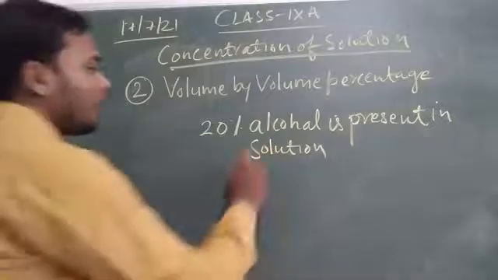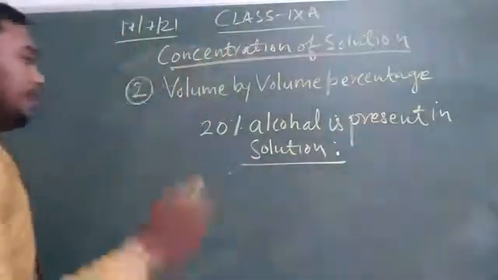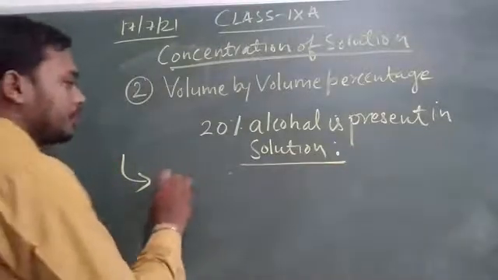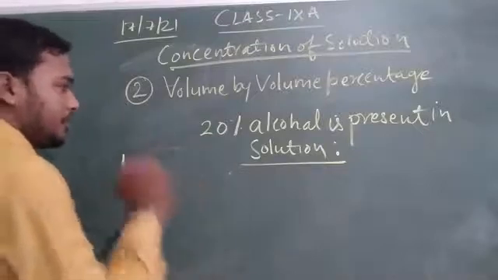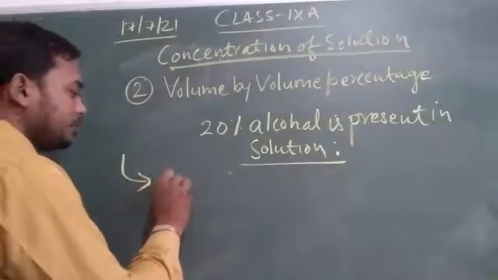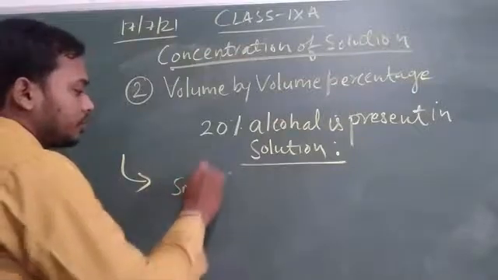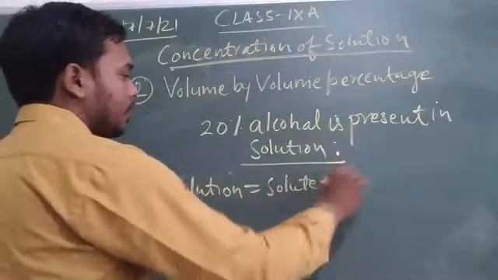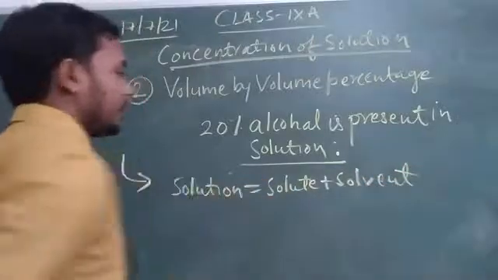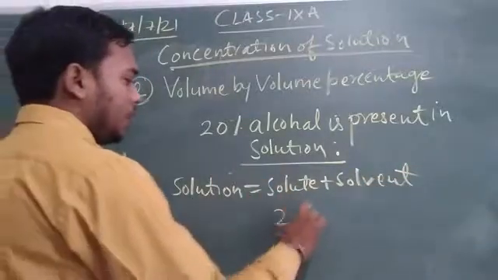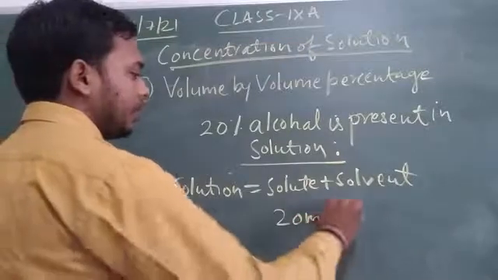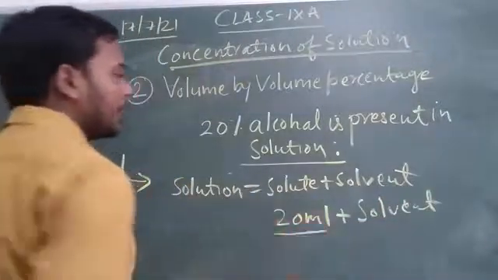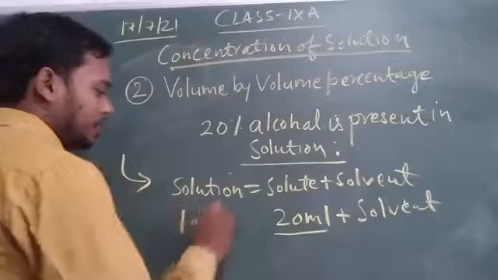What is the meaning of this statement? In terms of volume by volume percentage, solution is equal to solute plus solvent: 20 ml alcohol plus solvent, which means 20 ml is dissolved in 100 ml solution.